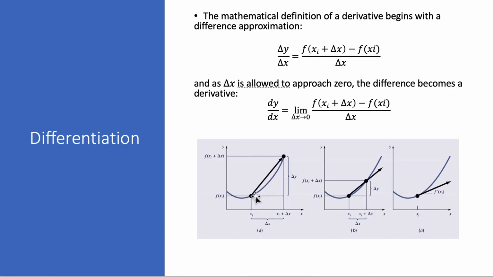If you had to approximate a function by a straight line at any given point, the tangent line, you would do so via the slope, and you compute the slope by taking a small displacement along the x direction, evaluating the function at x plus delta x, subtracting the function at x, and then dividing by delta x.